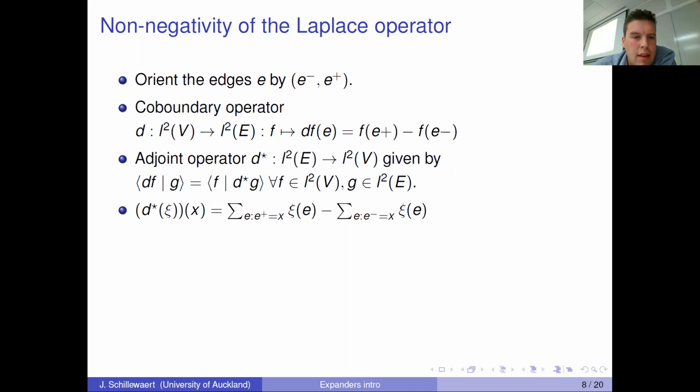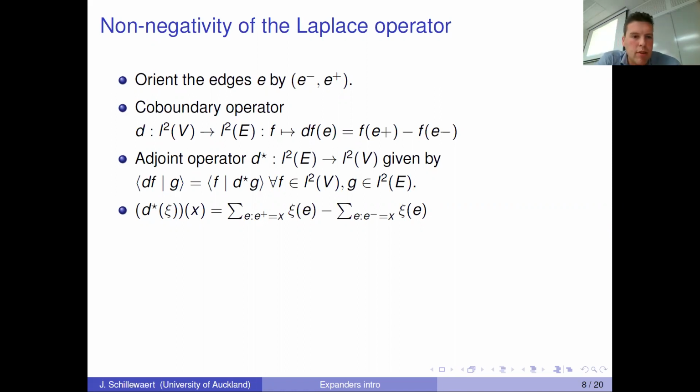So we have a psi, which is a function on the edges, and now I associate to that d star of psi, which is a function on the vertices. If I want to know the value at x, x is in a bunch of edges, and since I have chosen an orientation, x is the finishing point in a number of them, and x is the starting point in a number of them, and I just make that sum.